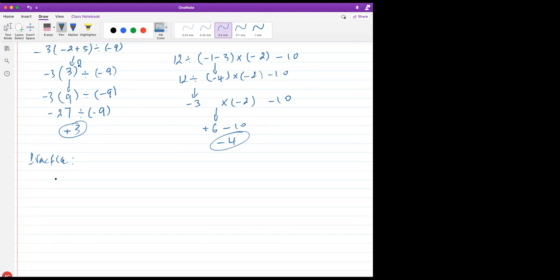So let's say positive 3 minus positive 5 minus that, negative 3 plus 7, and minus 6.